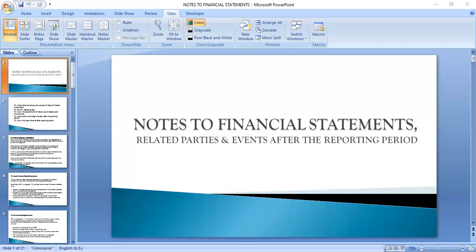Now, for the key management personnel compensation, PES 24 provides that an entity shall disclose key management personnel compensation in total and for each of the following categories: A, short-term employment benefits; B, post-employment benefits, for example, retirement pension; C, other long-term benefits; D, termination benefits; and E, share-based payment transaction, for example, share options.